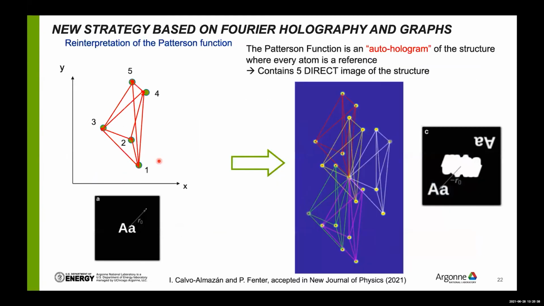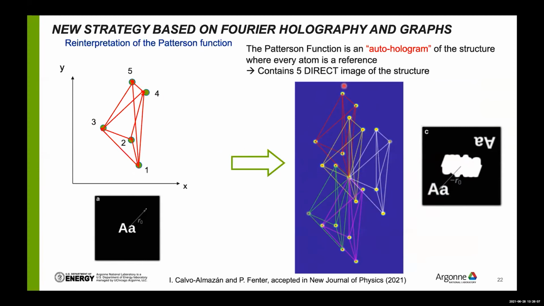Now, if we look more closely at the inner structure of the Patterson function, we discover that it consists of a series of copies of the original structure, where each one of the atoms acts as a reference. For instance, in this red copy, the first atom acts as a reference and is in the middle. In this green copy, it is the fourth atom which acts as reference and is in the middle.